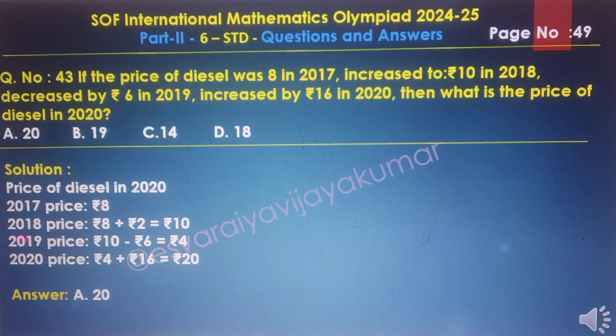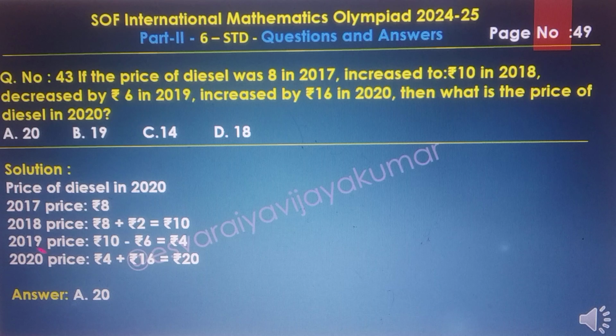The solution: the price of diesel in 2017 is 8 rupees, 2018 is 8 plus 2, 10 rupees, 2019 is 10 minus 6 equals 4, then 2020 is 4 plus 16 equals 20. The final answer is option A, 20.